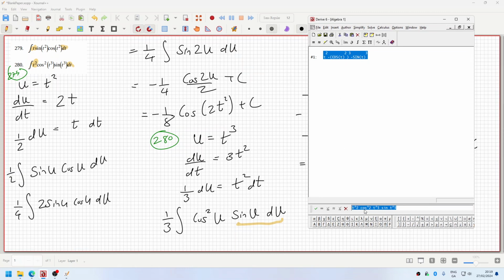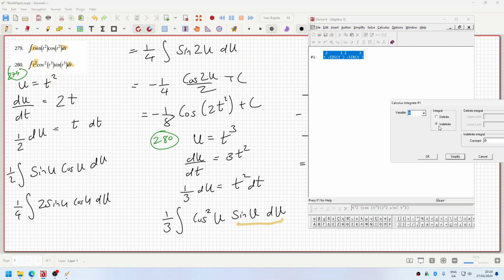I think it got a little bit confused, perhaps, of where the square is. Let's make it super explicit so there can be no possible confusion. Okay, t squared cos t cubed squared sine t cubed.